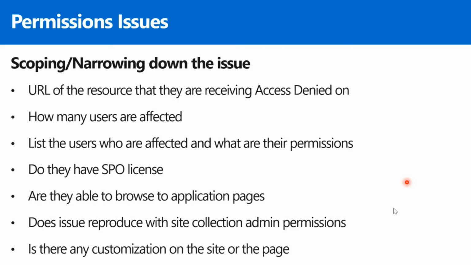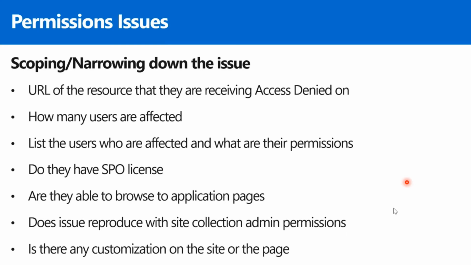The other point to find out is whether it is just a single user issue, whether it's impacting multiple or a certain set of users, or whether it's impacting all the users. If it's impacting just one user or a few users, then it's worth noting the UPNs of those users, and then finding out what their permissions are on that object.